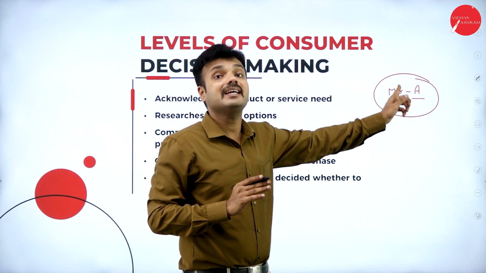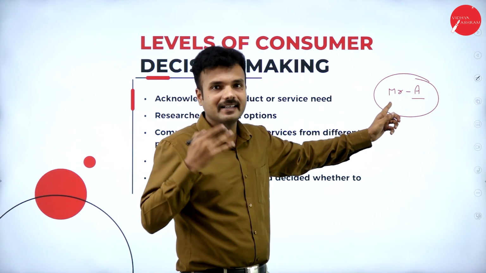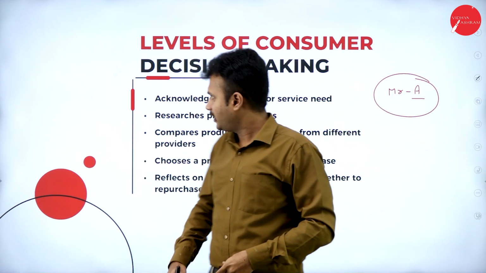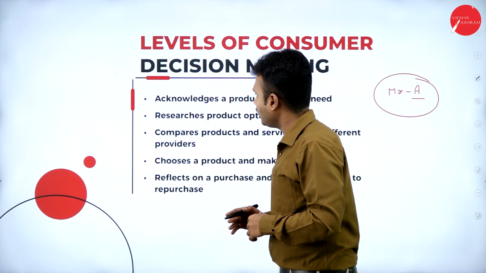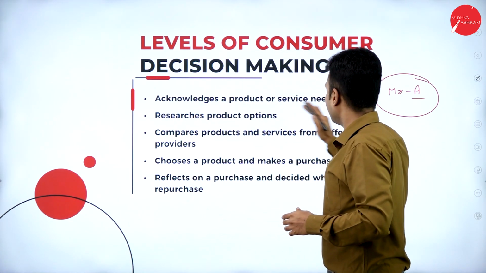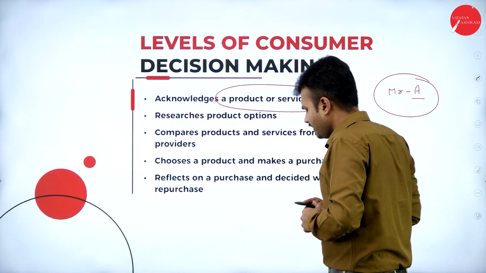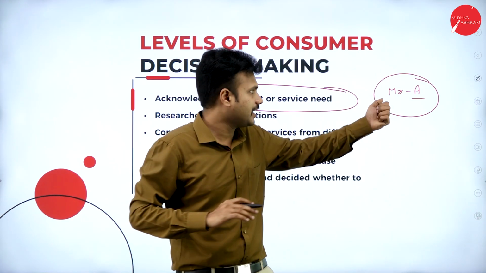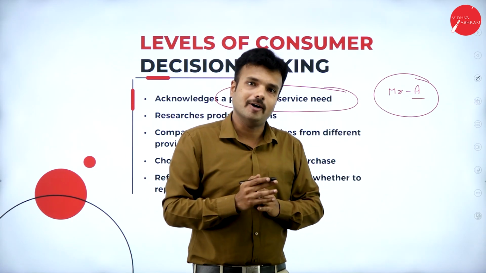Here there is a need for Mr. A. What is his need? That is a two-wheeler, that is a bike, right? So the first step in the levels of consumer decision making is to acknowledge a product or service need. Here there is a need of a product for Mr. A, that is a two-wheeler to travel from his PG to the college, right?